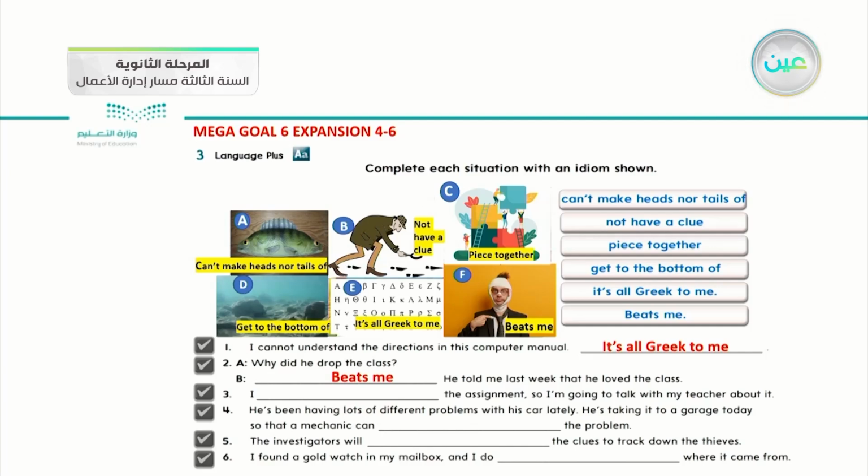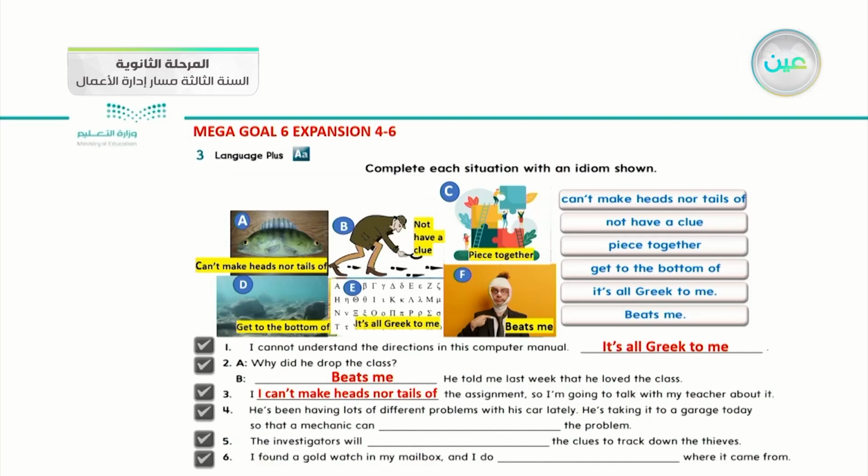He is going to like to finish it early. And 3, I space the assignment, so I am going to talk with my teacher about it. So what do you think it is? I can't make heads nor tails of this assignment, so I'm going to talk with my teacher about it.